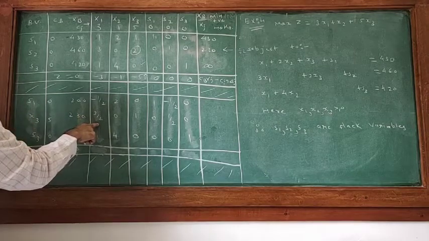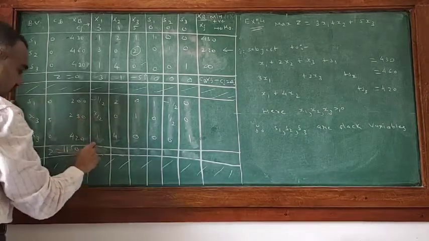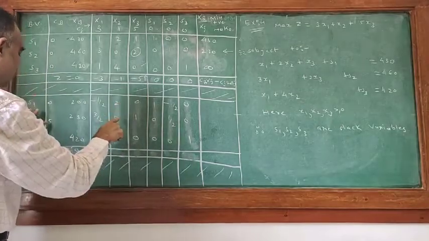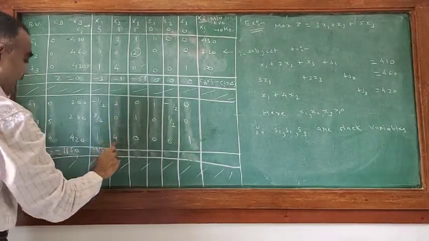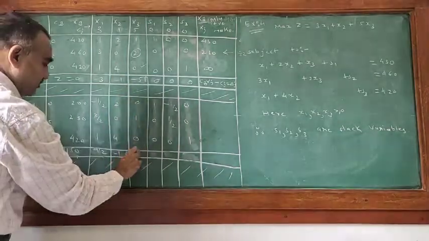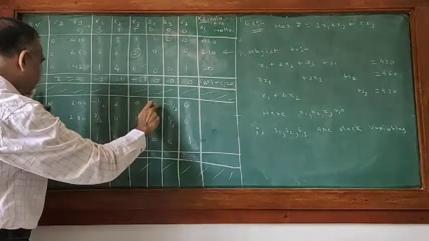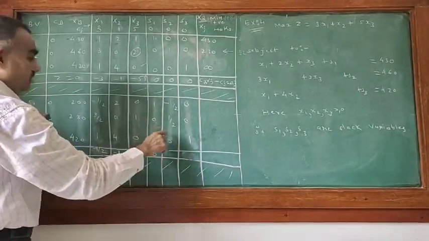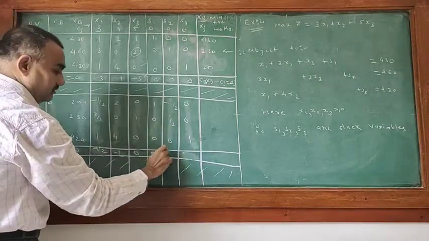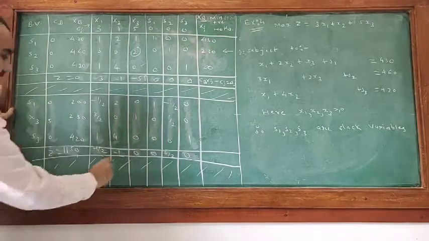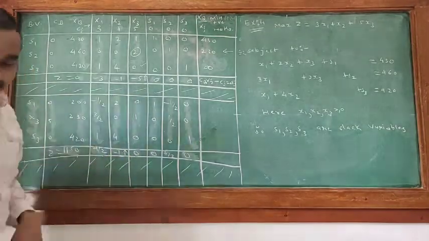Then 15 by 2 minus 3, so it is 9 by 2. 0, 0, 0, minus 1, 0, 5, 0, minus 5 is 0, 0, 0, 0. It is 5 by 2 and it is 0. So only one negative there. Check this table once more.